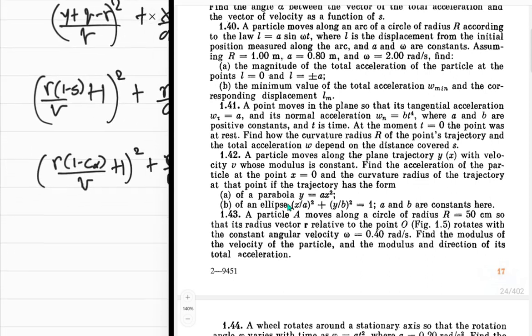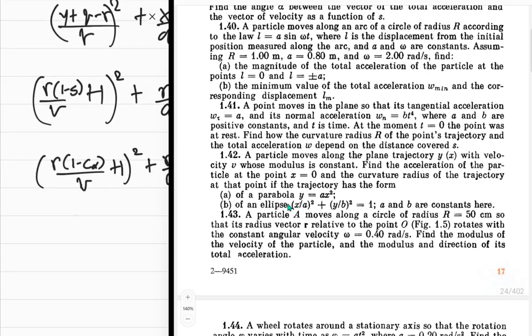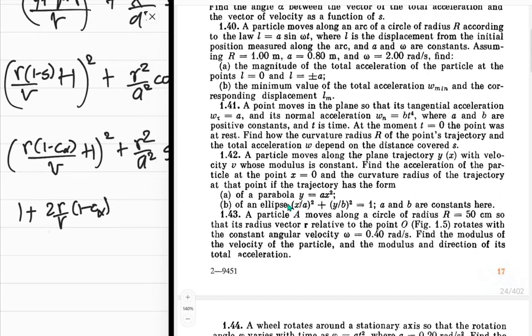So the negative sign goes away, and then square this. It's not going to be nice, but we have to do it anyway. What if I write it as r upon b plus 1 minus r cosine alpha? That's just too much. So 1 plus 2r upon b into 1 minus cosine alpha plus this thing squared. Or we could just directly go for the second degree approximation and say this thing is just alpha squared upon 2.